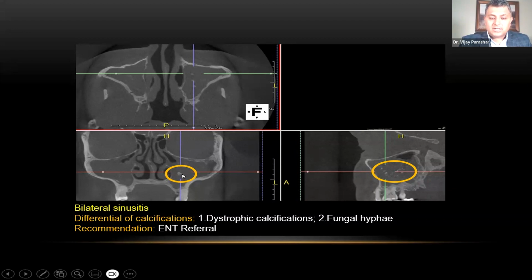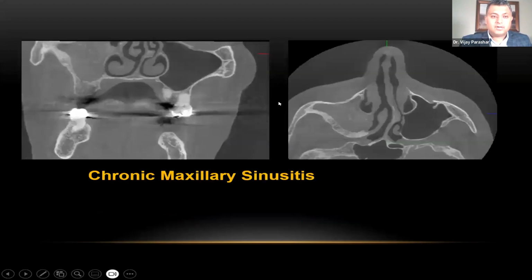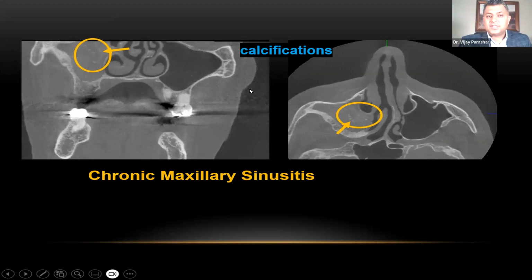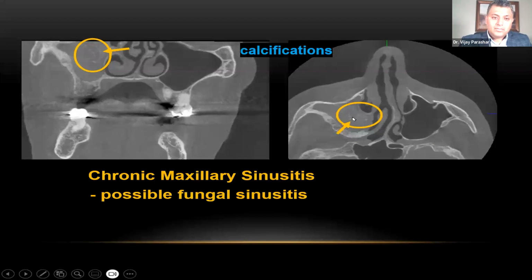But again, if you see a calcification, that should be reported on your report and referral to the physician. More examples. A different case, here we have the right-sided sinusitis, left sinus looks clean or clear, and you have calcifications. Again, it could be possible fungal sinusitis.